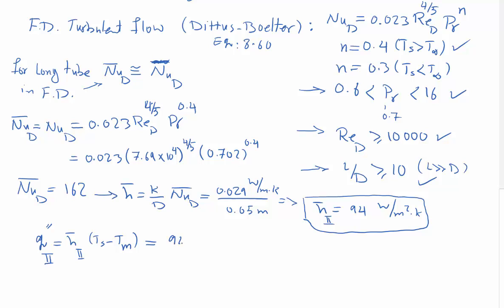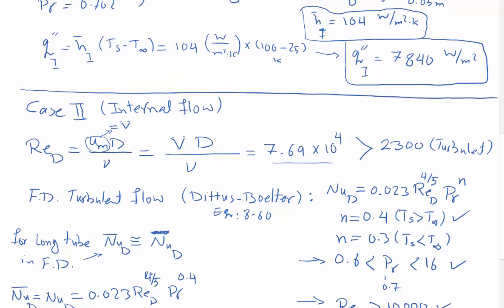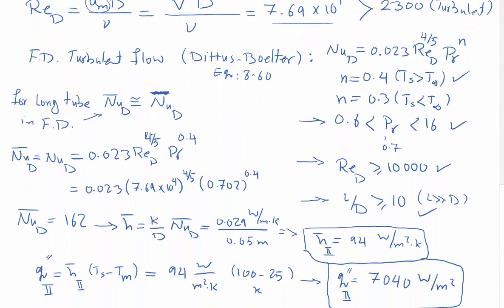And we just plug in the values, 94 watts per meter squared Kelvin times 100 minus 25 Kelvin. From here we will have a heat flux for the second case of 7040 watts per meter squared. So comparing the two values, we'll see that the numbers are actually pretty comparable.